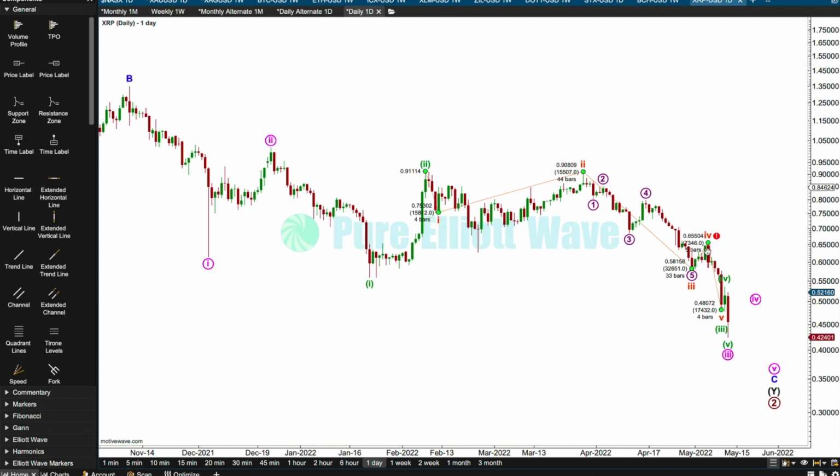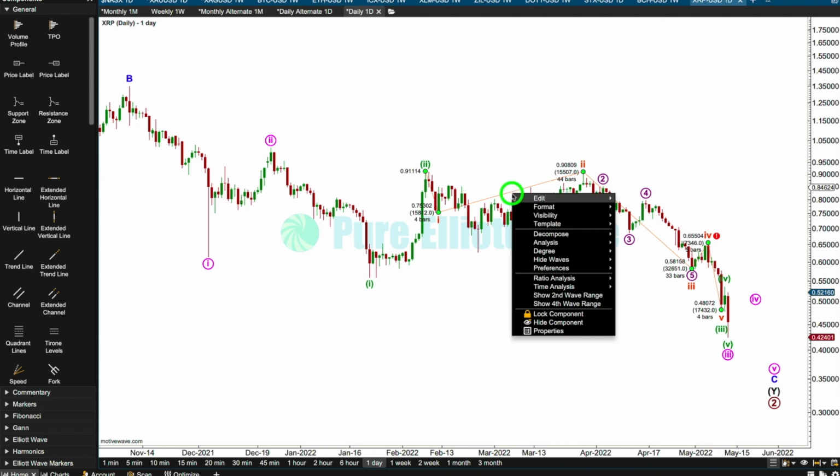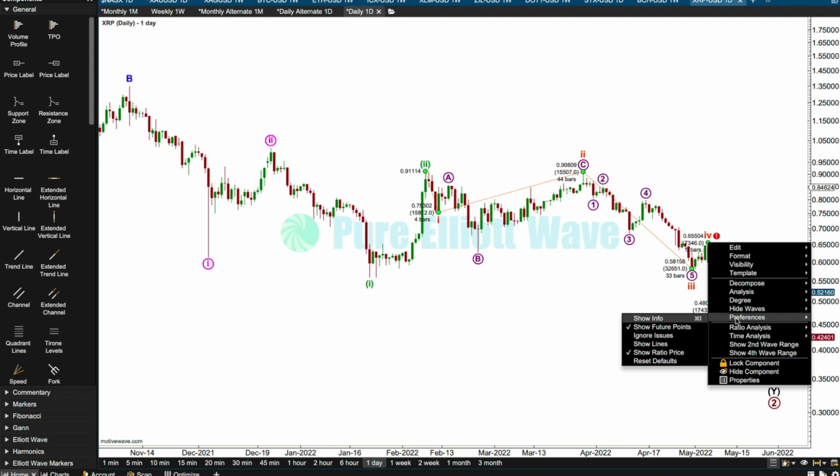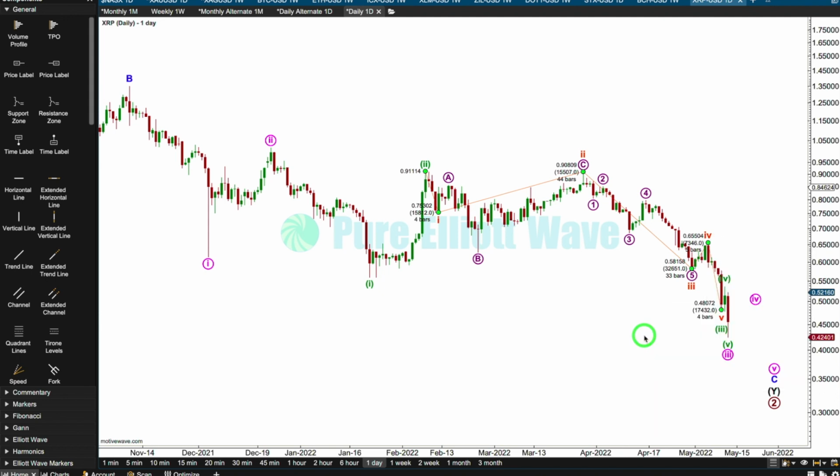Wave 4's price extreme is 0.65504. 4 does not overlap 1. The rule does not state 4 may not move into 2 price territory. There is no such rule. I really do wish motive wave wouldn't do that, but this is how I fix that. There you go. The rule is met.